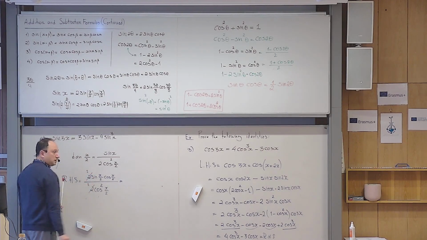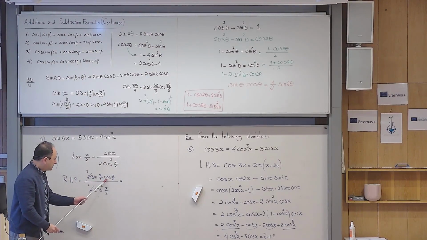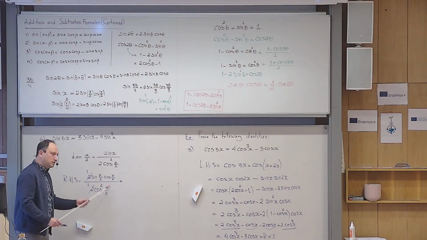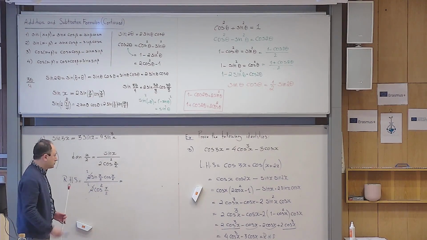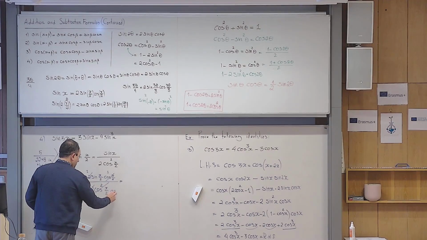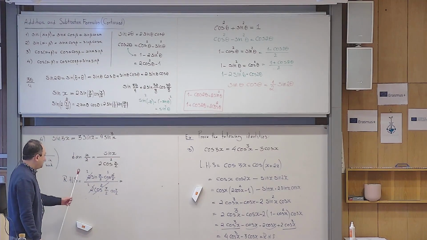Yes? And then what more? 1 cosine x, what is the meaning of cosine squared? It means cosine x over 2 multiplied by another cosine x over 2. So one of them will cancel this one. So this is gone. How many is left? This one is left. And then what is left?